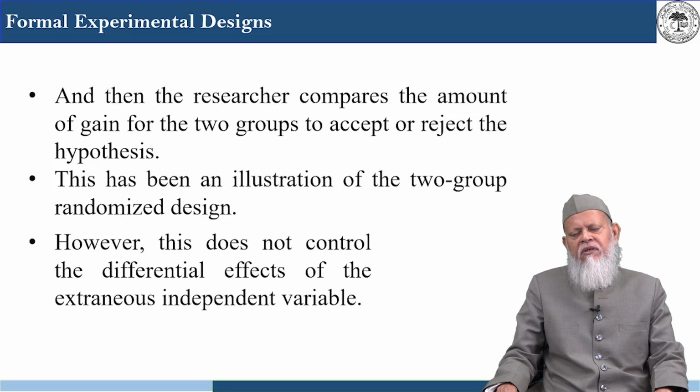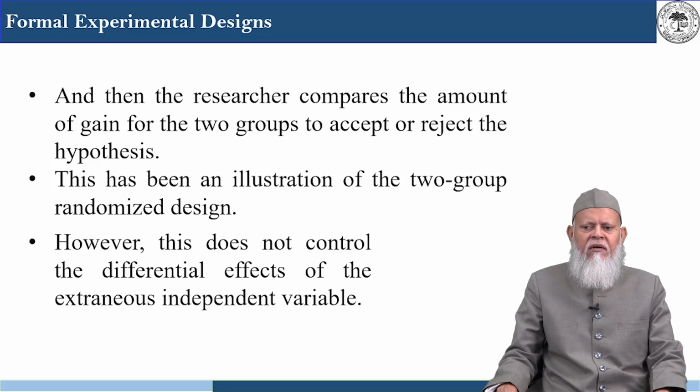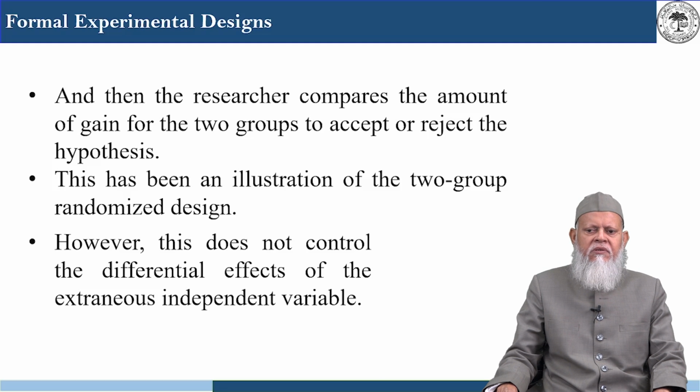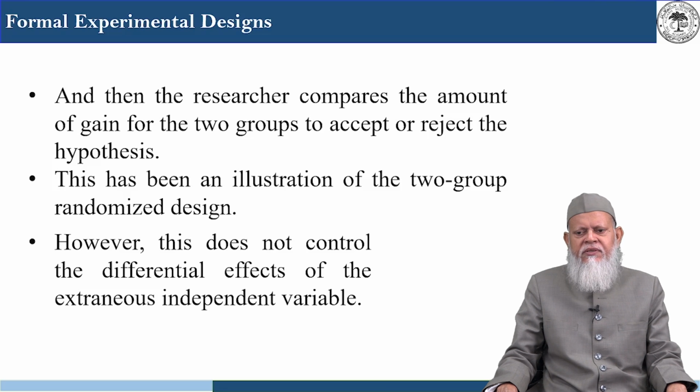So, on the basis of this, the medicine will be tested for its efficacy, for its benefit, for its implications for the cure of the patients. This was the illustration of the two group randomized design.